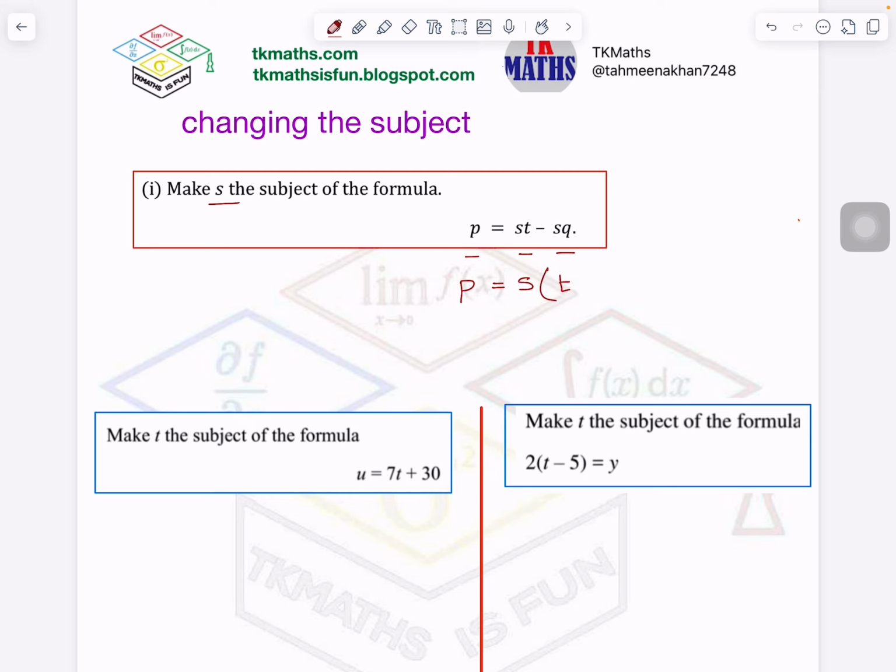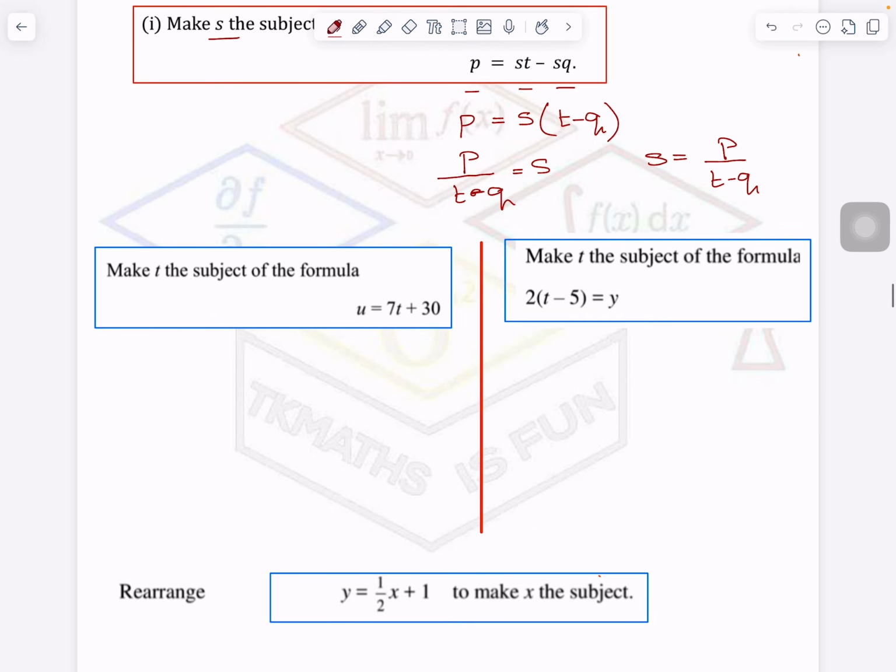Now you are left with T minus Q, multiplied by S. So if I have to make S the subject, then I have to divide by T minus Q, right? So I will get S is equal to P divided by T minus Q. If you want to write the subject on the left hand side, which is a normal practice, you can write it like this on the left hand side.